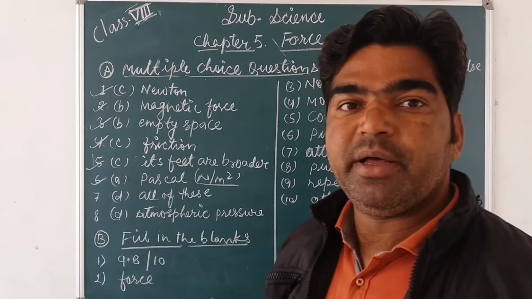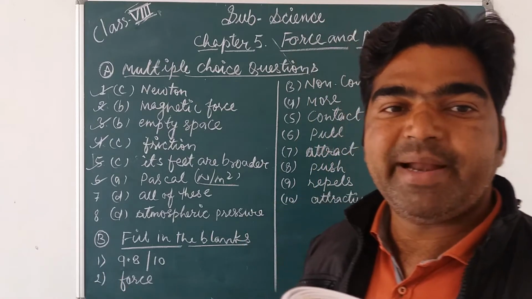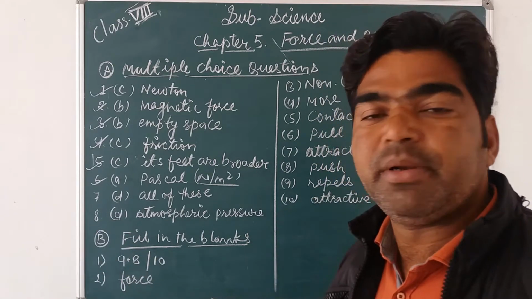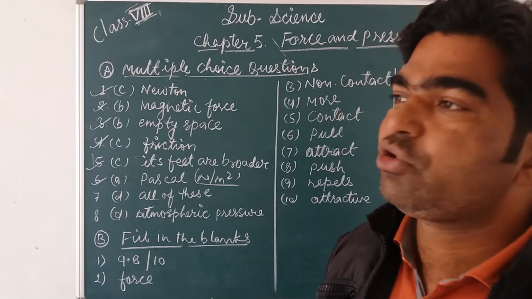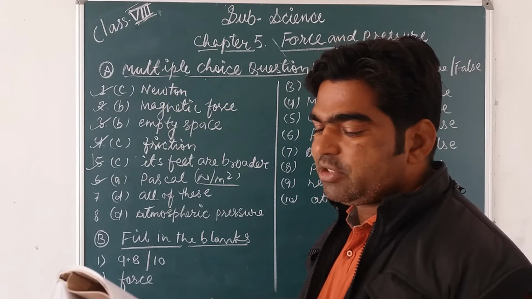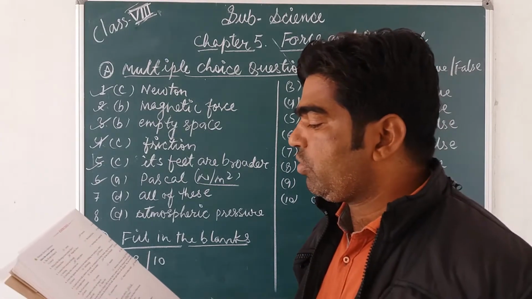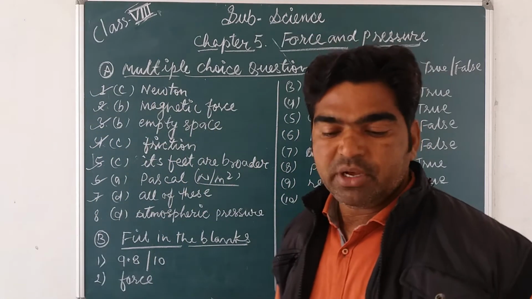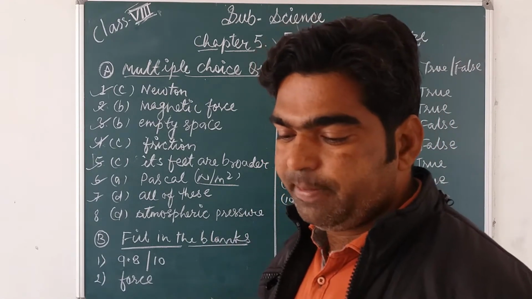When a cricket player hits the ball with the bat, or with a hockey stick, badminton or table tennis racket, or by kicking a football, we change the direction of an object by applying force. So all of these are possible by applying a force. The answer is the 7th, all of these.